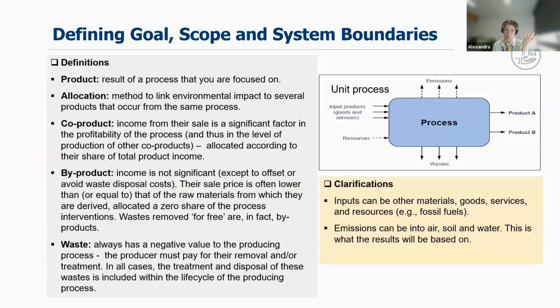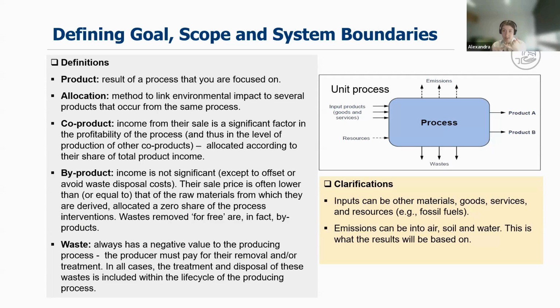But before that, I want to clarify something that I've already mentioned, which is products, co-products and byproducts, and waste, what the differences are, and a term that comes up a lot in life cycle assessment that is called allocation. Product is the result of a process. It is what you are focused on. So if you are looking at, let's say, rice, at production of rice, you're only looking at rice, but there are other co-products.